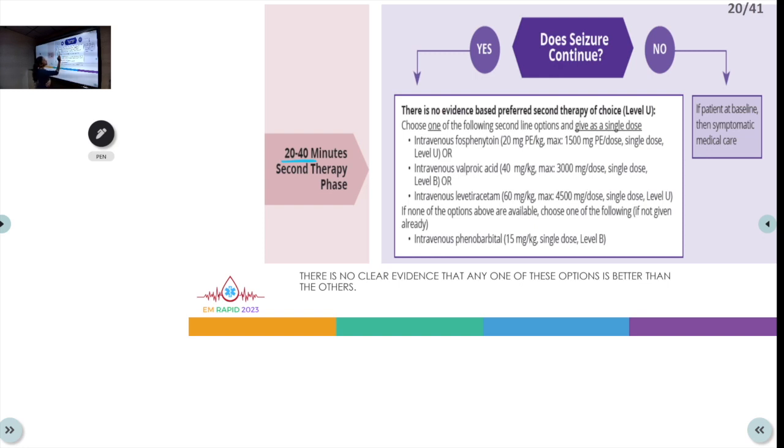If we are giving IV fosphenytoin, the dose is 20 mg per kg, maximum of 1500 mg, single dose. Or we can use IV valproic acid, 20 to 40 mg per kg, to a maximum dose of 3000 mg per dose. Or IV levetiracetam, 20 to 60 mg per kg, maximum of 4500 mg per dose.